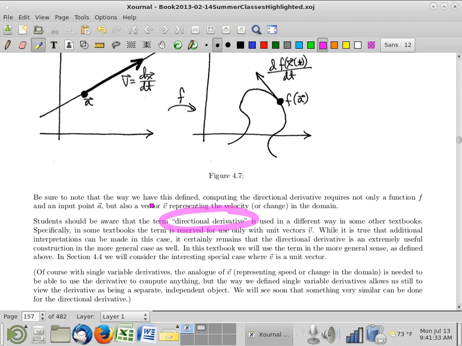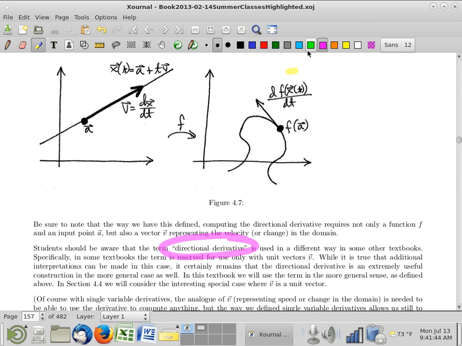In some contexts, the term directional derivative is reserved for when the input velocity is a unit vector. There are a couple of good reasons to do this. We'll talk about those in the next section of this book. I have an entire section called Unit Directional Derivatives, and some nice things happen there. Unit directional derivatives are useful and valuable.